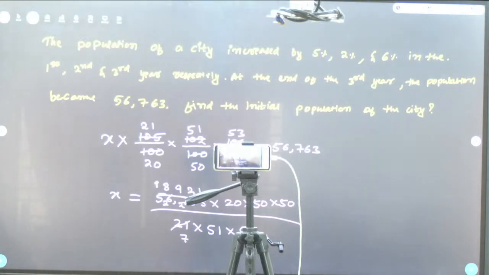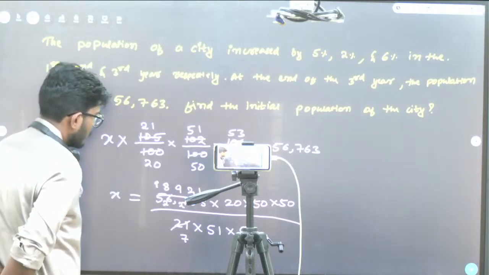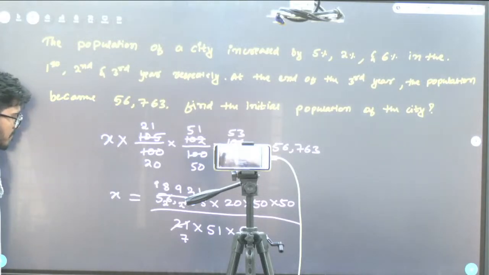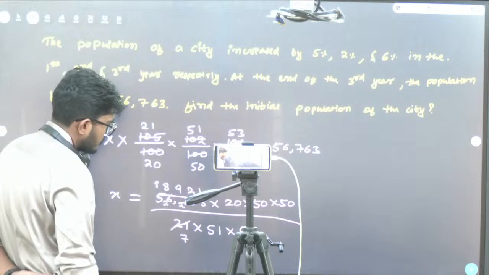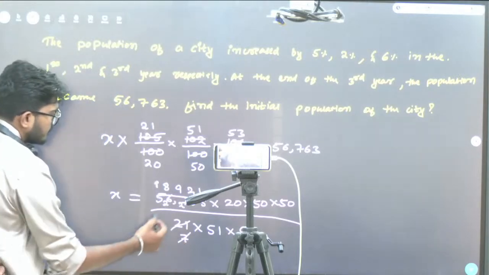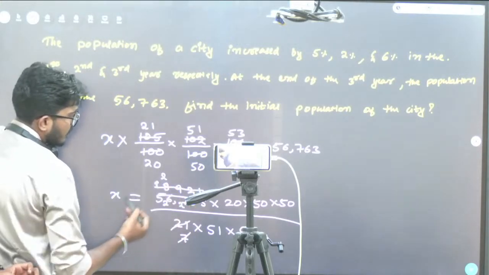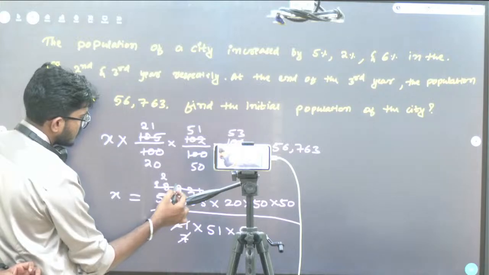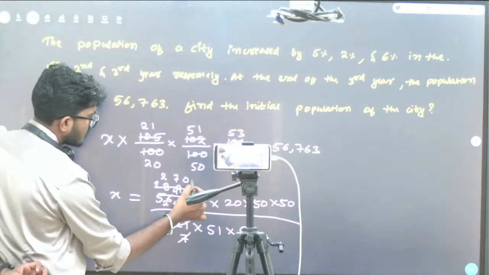Once again cancel. 7 1s are 7, 7 2s are 14, carry. 7 7s are 49.